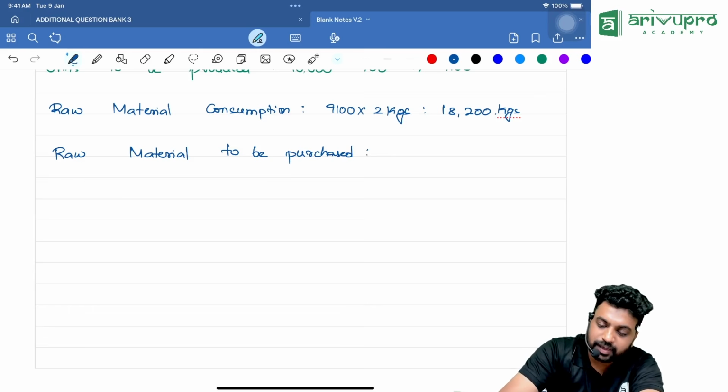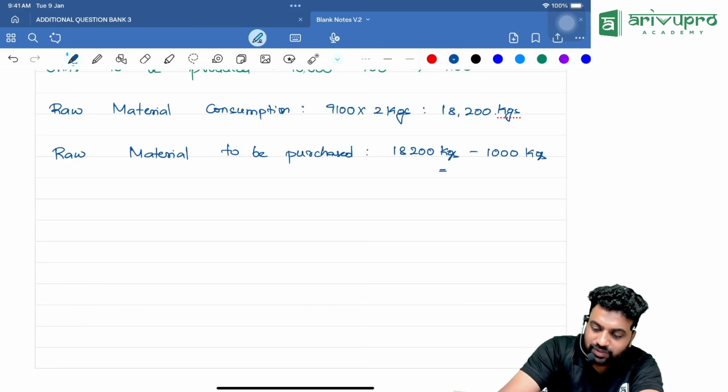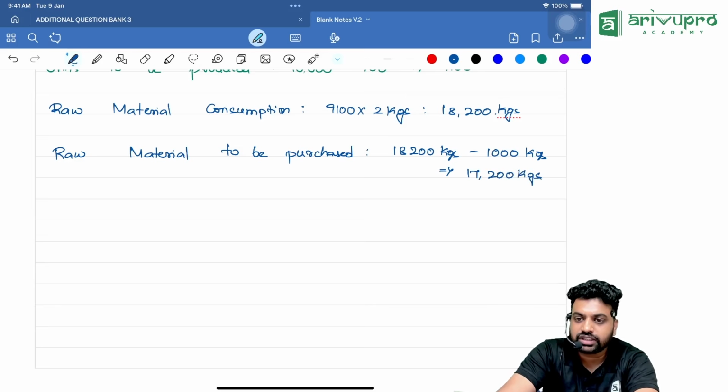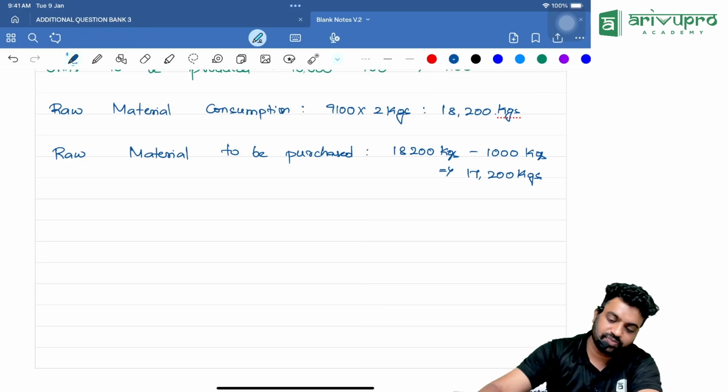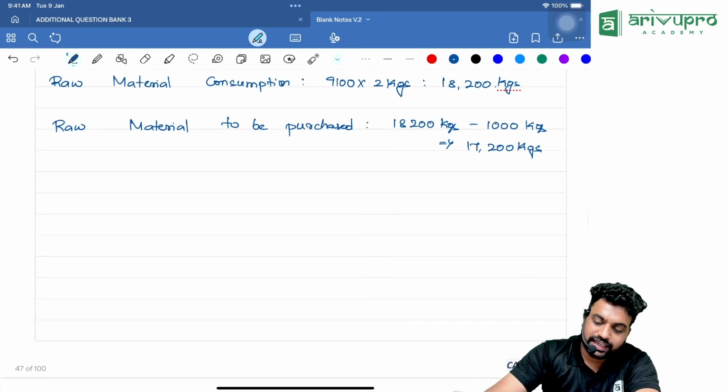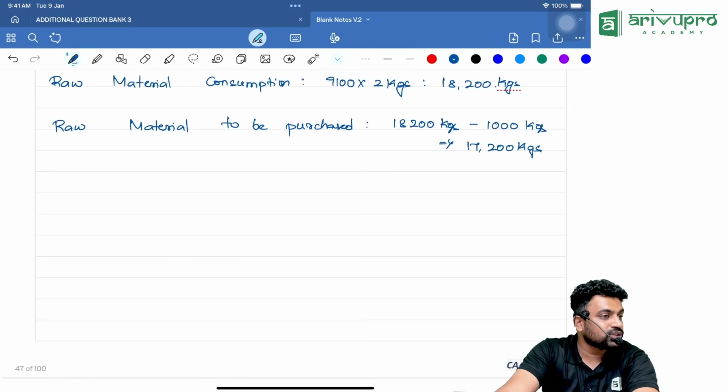Raw material to be purchased: 18,200 kg is what we need to use, whereas 1,000 kg is already there, which means 17,200 kg. In the question, if they told anything about maintenance of the closing stock, we should have added that. Remember? Okay.